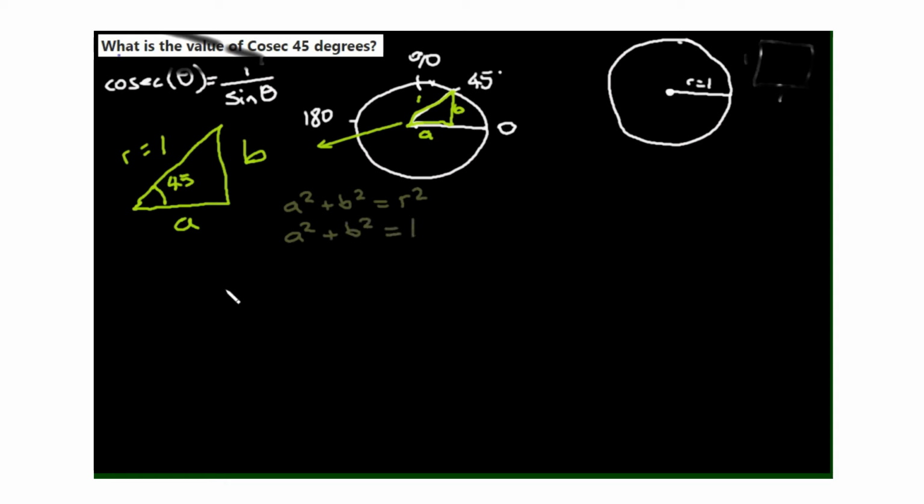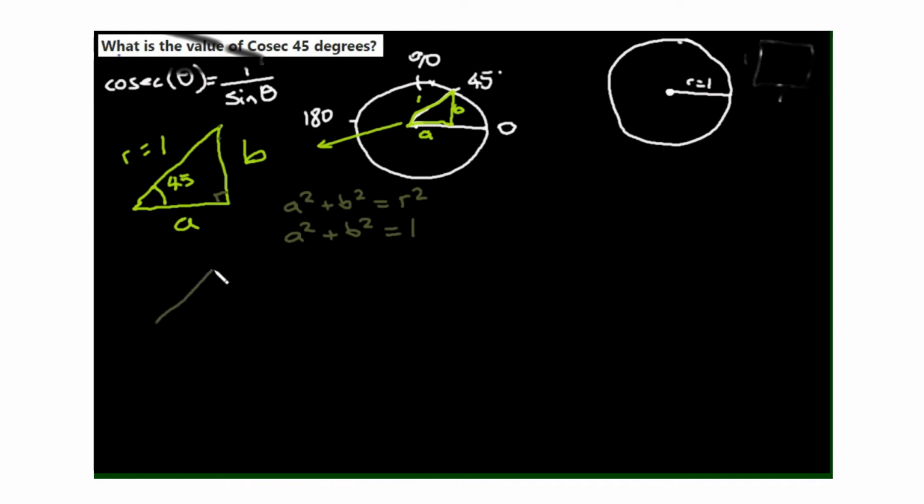A squared plus B squared equals 1. Okay? We also know from here that the length of A is the length of B, because it's a right angle triangle here, 45 degrees here. So A squared actually equals B squared.